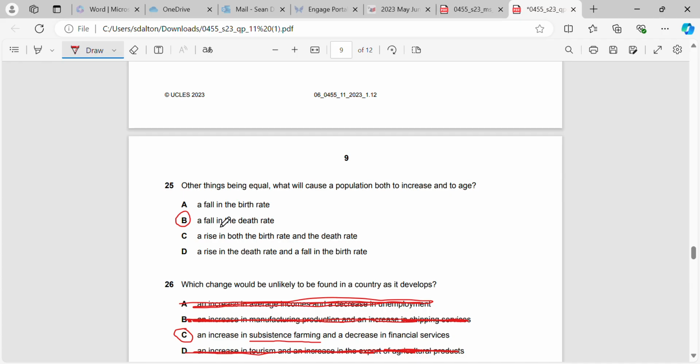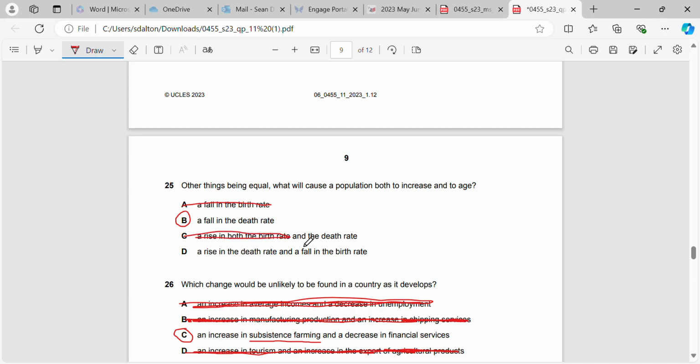If there's less people dying, then that means that there's more people in a country, and it means that people are living longer. If there's a fall in the birth rate, for example, that means that the population does not increase. So it can't be that. If there's an increase in the birth rate, population would increase.